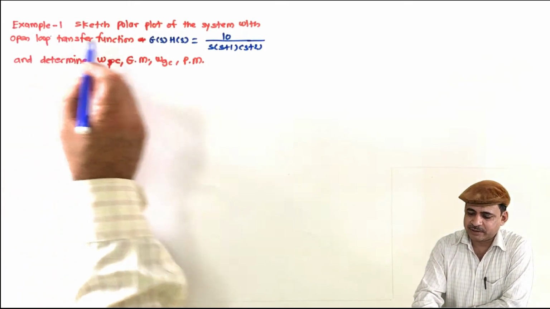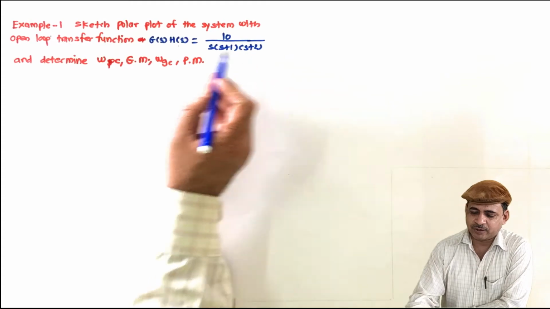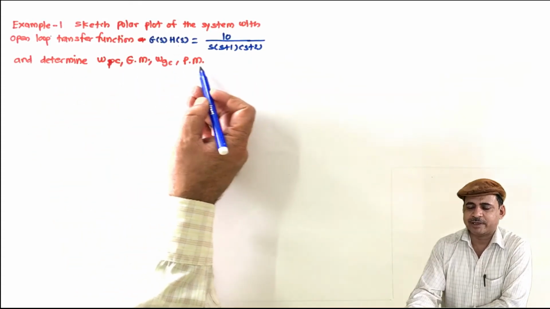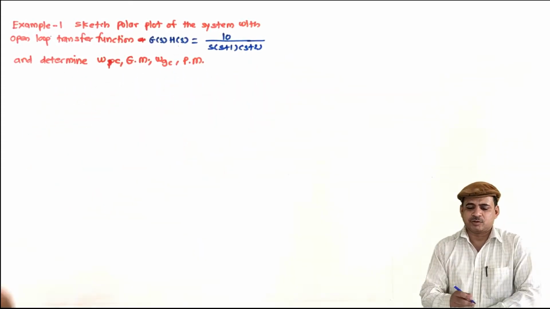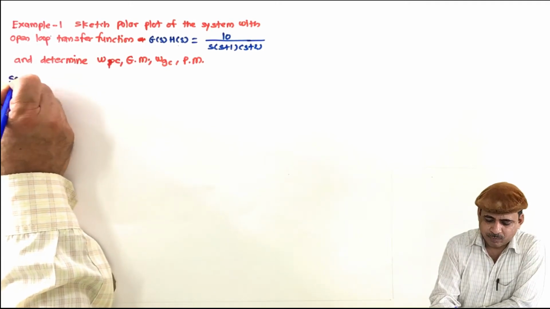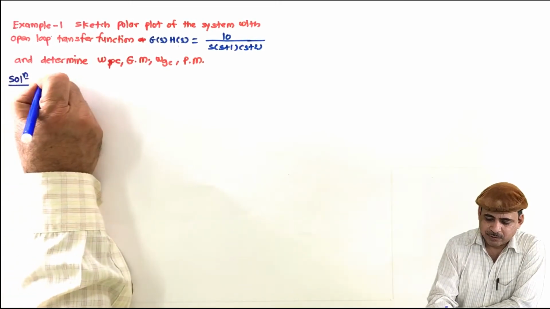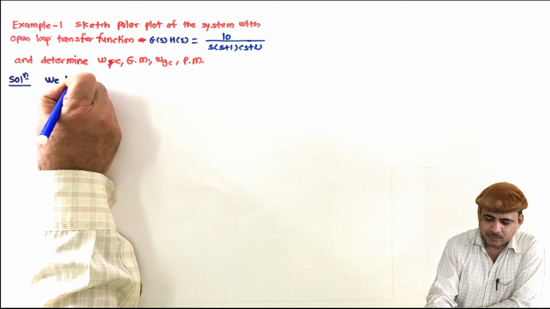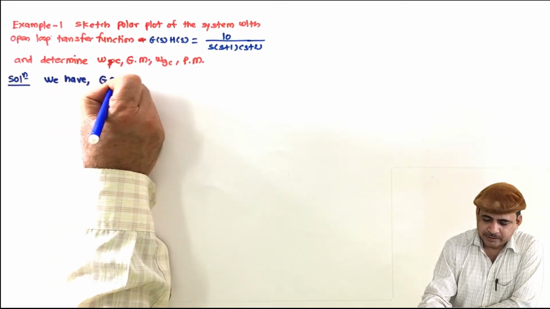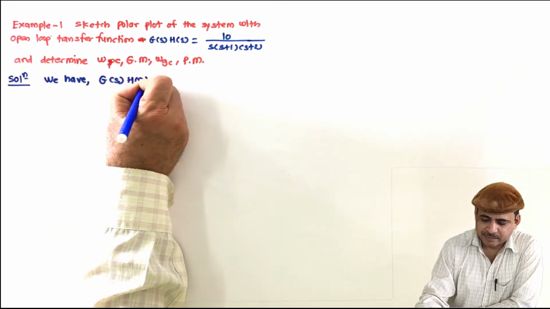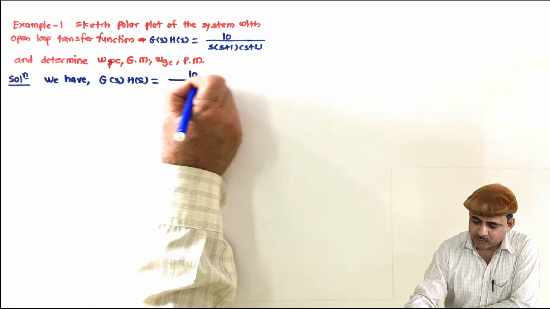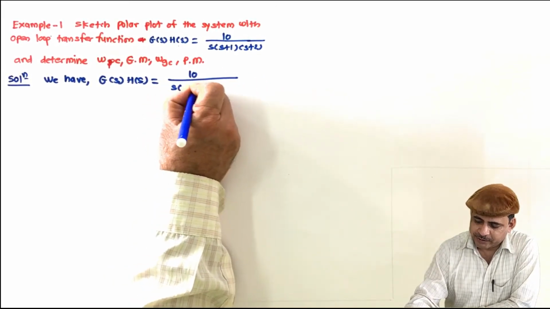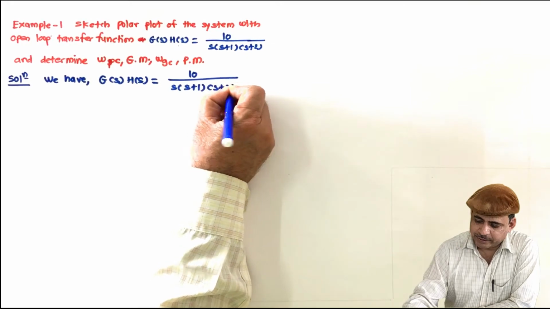So, in this example, this is the transfer function given, and for that we have to obtain omega PC, GM, omega GC and PM. So, we have G(s)H(s) equal to 10 upon s into (s plus 1) into (s plus 2).